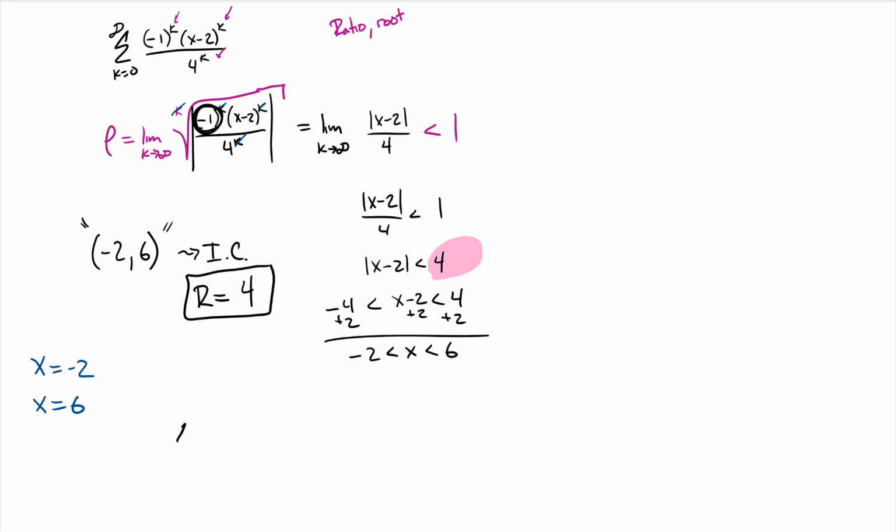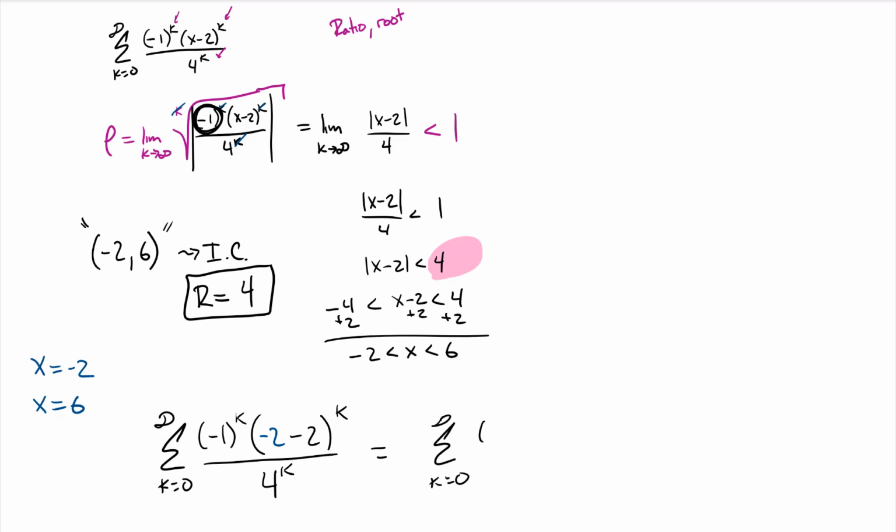So we have our sum from k equals 0 up to infinity of -1 to the k times x minus 2 raised to the k all over 4 to the k. And what's our x value? -2. So we check it out and the sum is k equals 0 up to infinity of -1 to the k times -4 to the k all over 4 to the k.